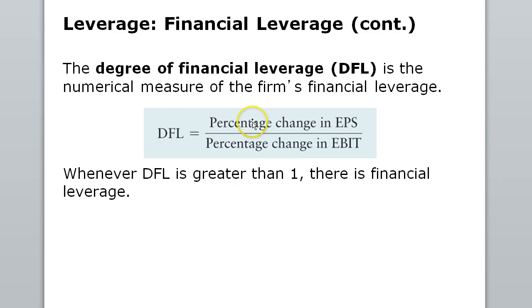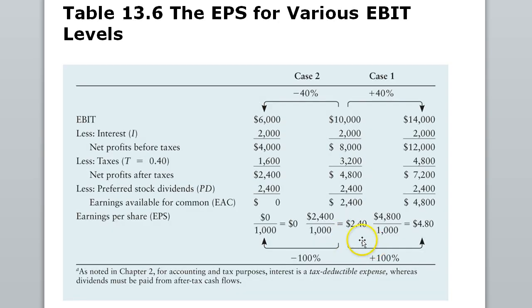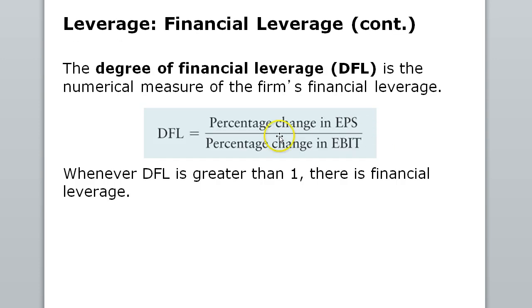So we could use the percentage change in EPS divided by the percentage change in EBIT. What is the percentage change in earnings per share? Earnings per share went up 100% here. And if we look at EBIT, that went up 40%. So it would be 100% divided by 40%.